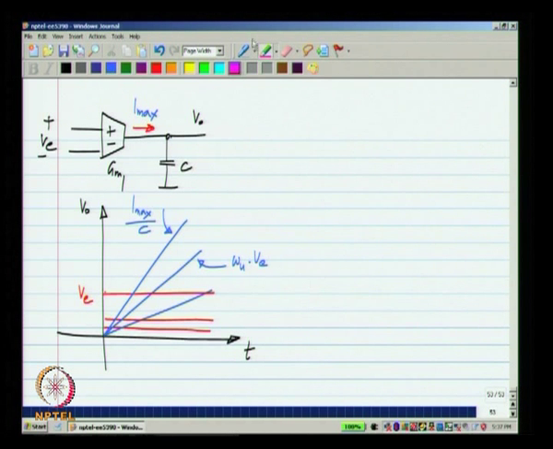Before that, it would have been GM1 times VE divided by C, but this relationship is obeyed only when the output current is below I max. So, it is I max by C. What it means is, it is not linear anymore, the output slope does not increase with the input step, and this limitation is known as the slew rate limitation.